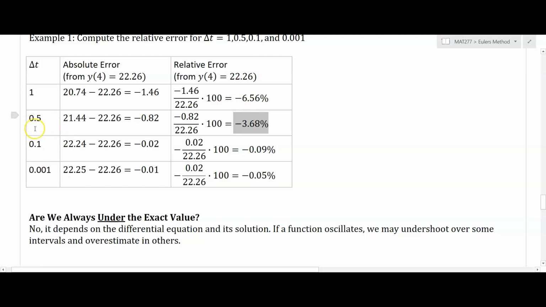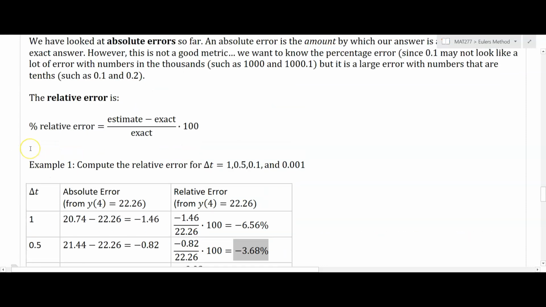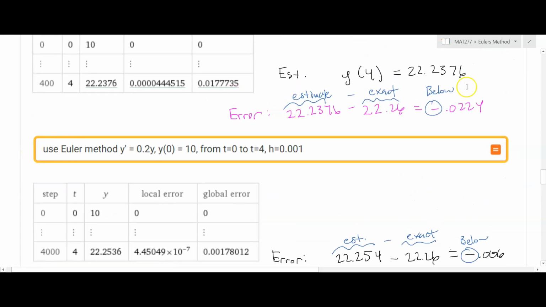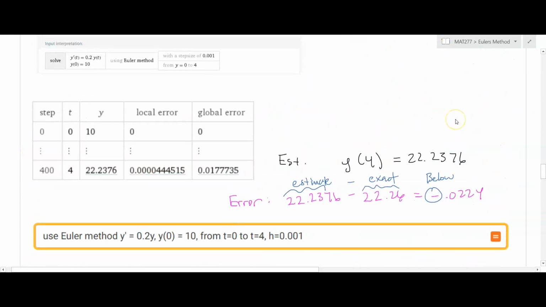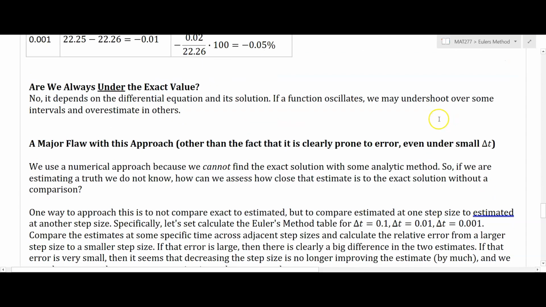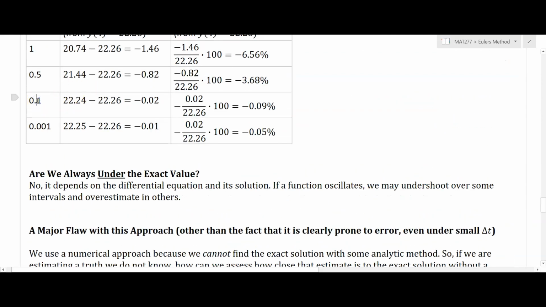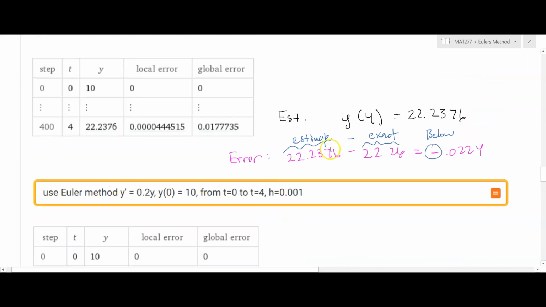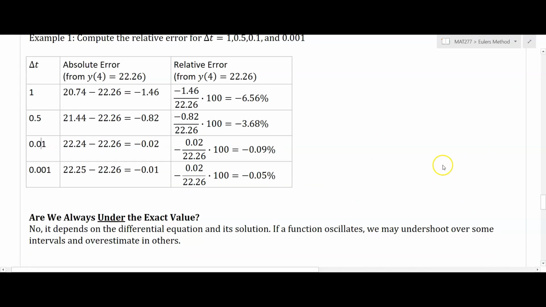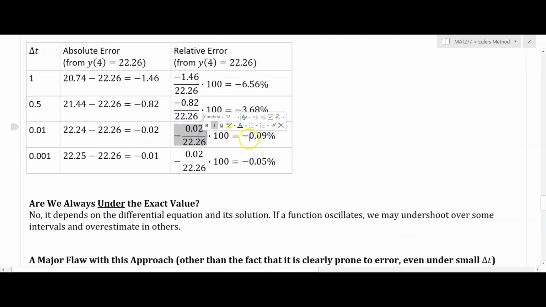But if we take the step size down even further to 0.1, our absolute error was negative 0.02. I'm sorry, this was 0.01. That was 22.24 minus 22.26, which was about negative 0.02. Divide that by the exact value, we get negative 0.09%.